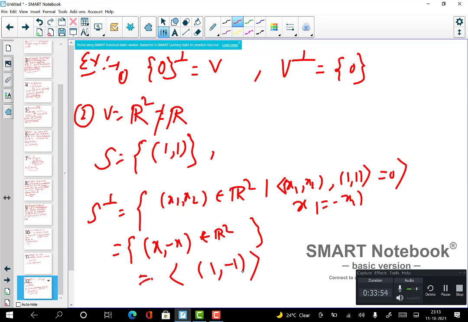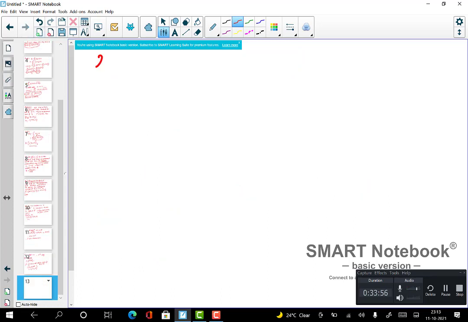Now one more property I must mention here. It doesn't matter whether you start with S and then go to S bar, or you first take the space spanned by S and then take the orthogonal complement, they are actually the same.